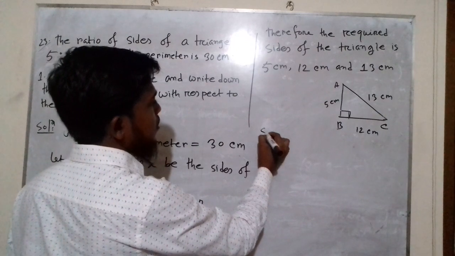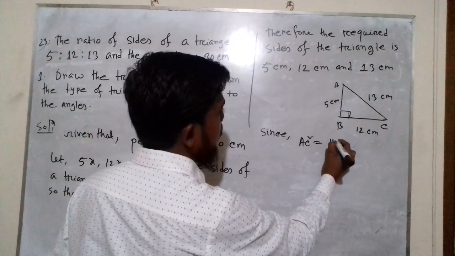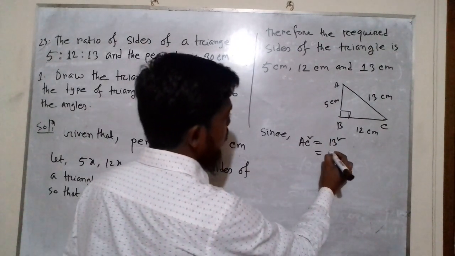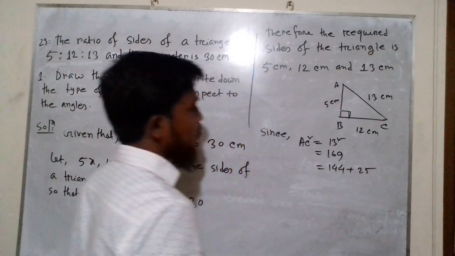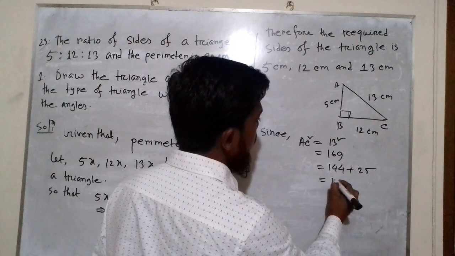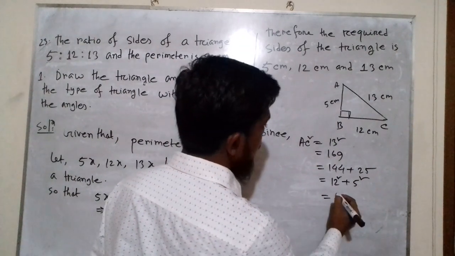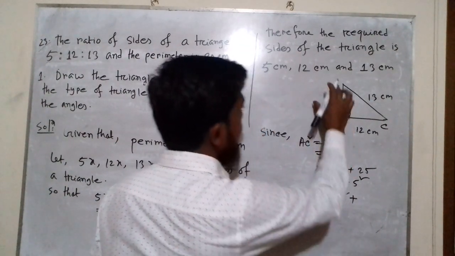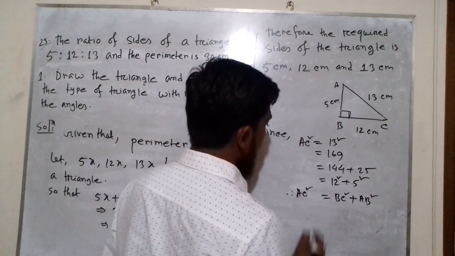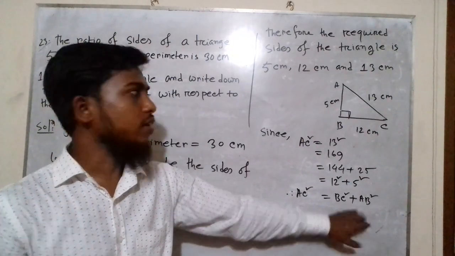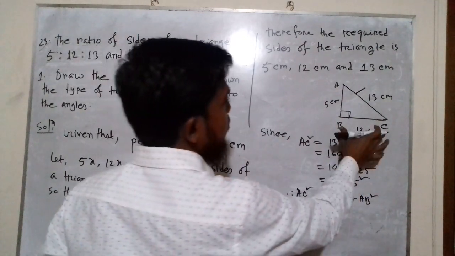Since AC square equals 13 square, this equals 169, equals 144 plus 25, this equals 12 square plus 5 square. 12 means BC square, 5 means AB square. So AC square equals BC square plus AB square. Here AC is the hypotenuse, AB is the perpendicular and BC is the base.